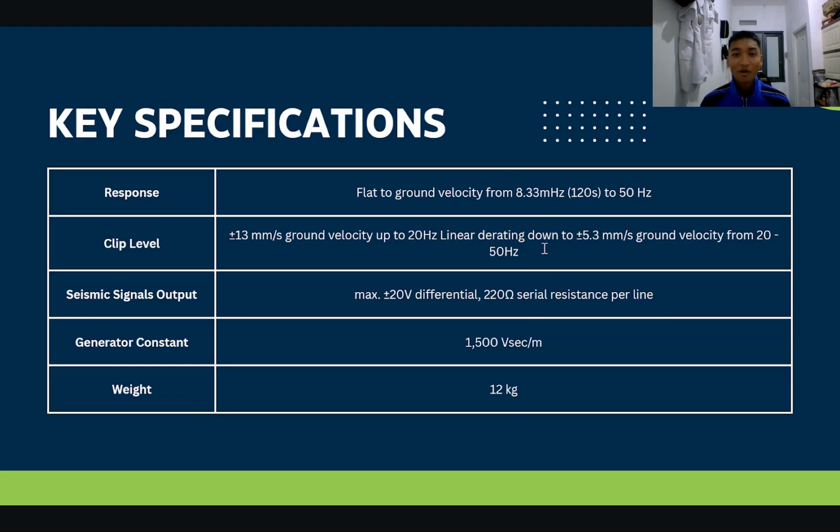The response graph of this device is flat to ground velocity, meaning it has stable and flat sensitivity to ground velocity, from a period of 120 seconds or 8.33 MHz to a high frequency of 50 Hz. This allows the device to record both distant teleseismic and local earthquakes with high accuracy.